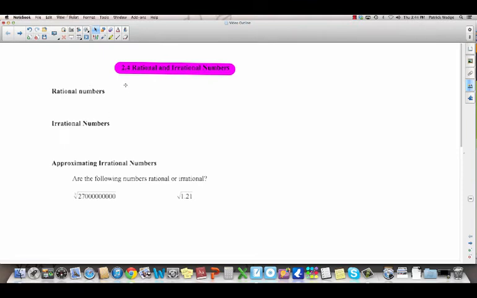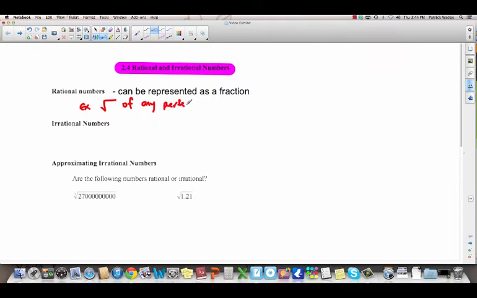We already talked about this, but just as a reminder, rational numbers are any numbers that can be written as a fraction. We're talking about radicals a lot, square roots, cube roots. So a rational number, for example, is the square root of any perfect square, or the cube root of any perfect cube.